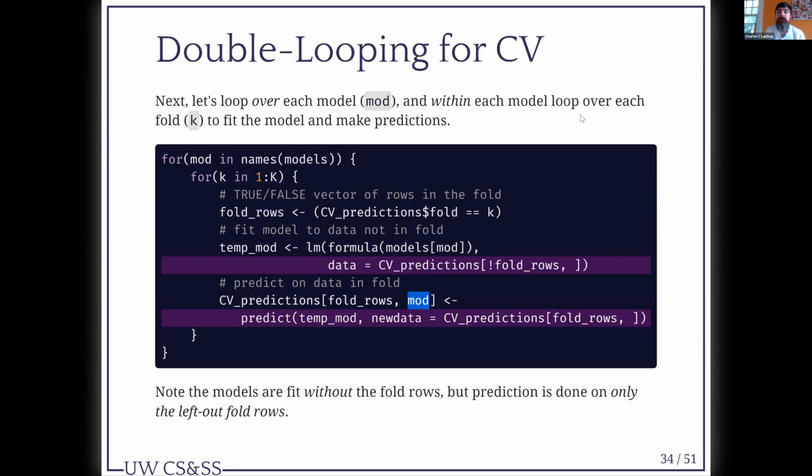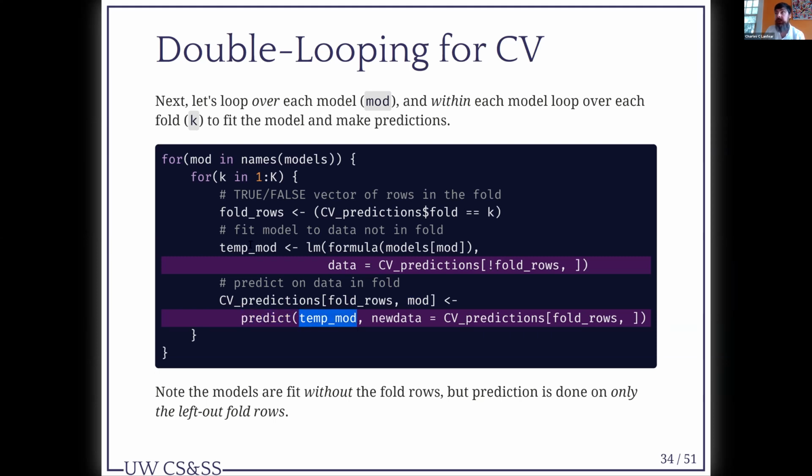Okay. So in the model column, what this says is go to the 30 rows that are fold 1, go to the column that is the intercept only model, and assign to those values the result of prediction using the model we created.